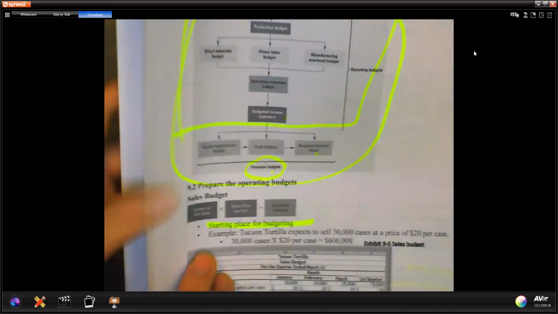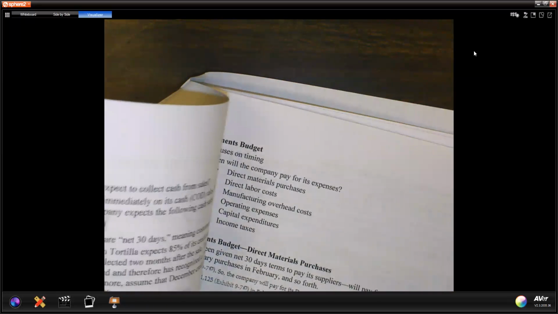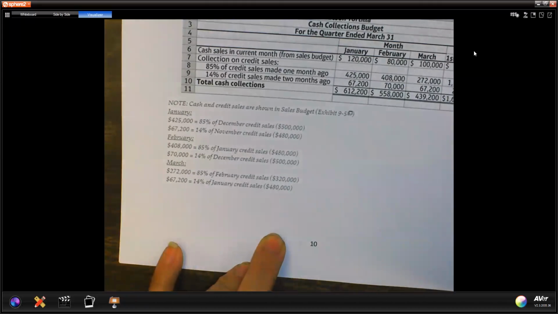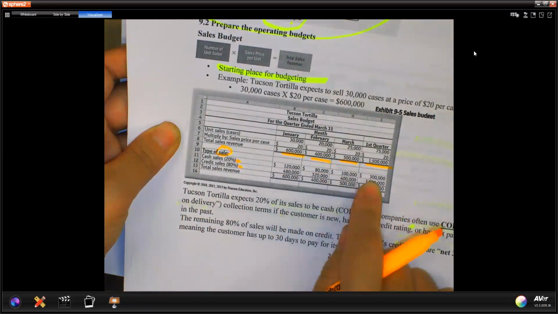Okay, so that's it. When we have our sales budget, we can do our cash collection budget. I'm on page 10. Remember, we have cash sales of 120,000, 80,000, 100,000, 300,000.